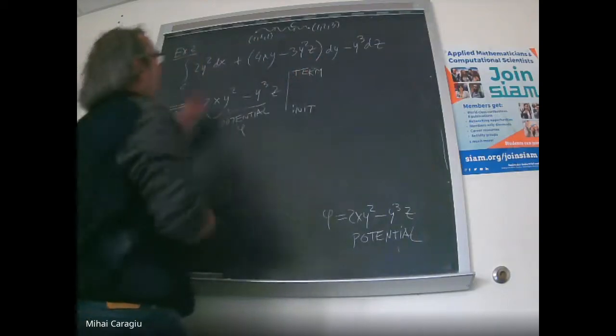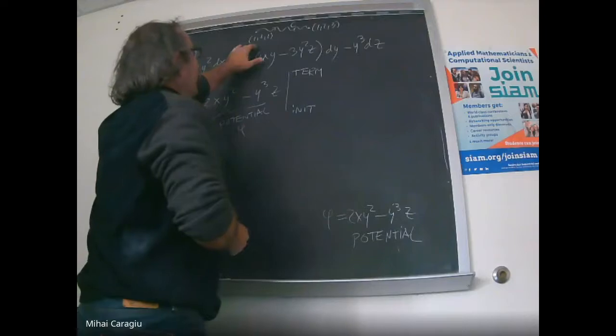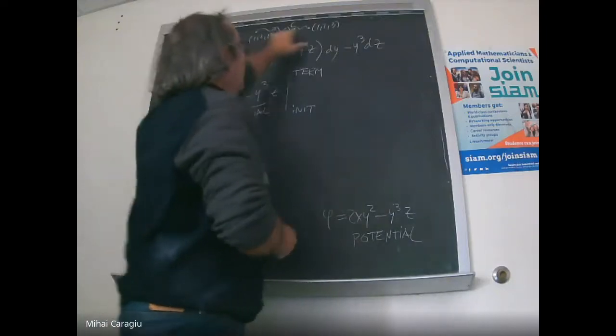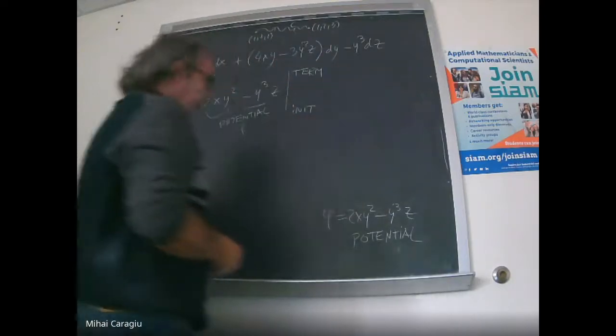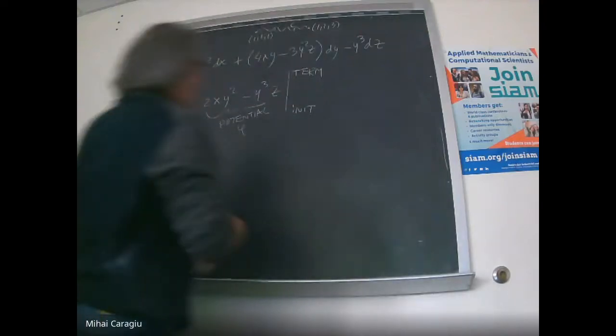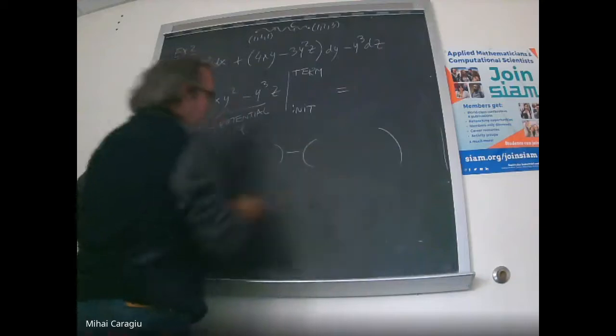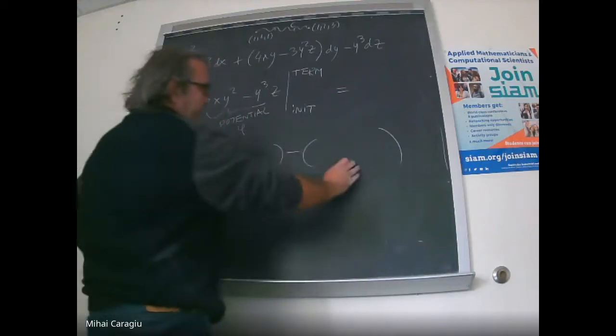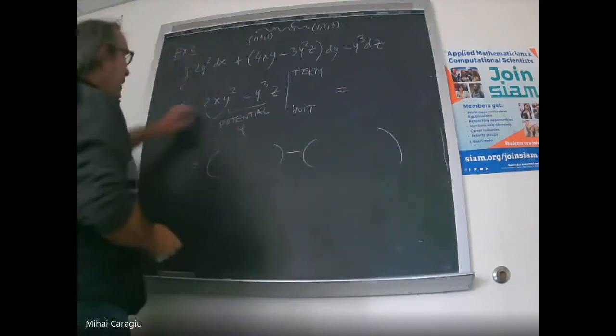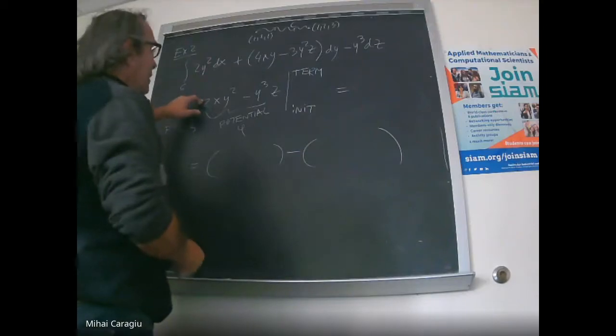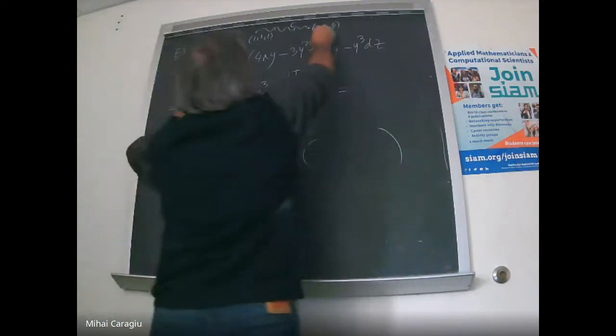Like we considered a curve, if you remember, going from (1, 1, 1) to (1, 2, 3). Okay? So let's see what will be the difference. Let's introduce two spaces here. Here we put the value of the terminal point, here we put the value of the initial point. So the terminal point will get the terminal values (1, 2, 3).